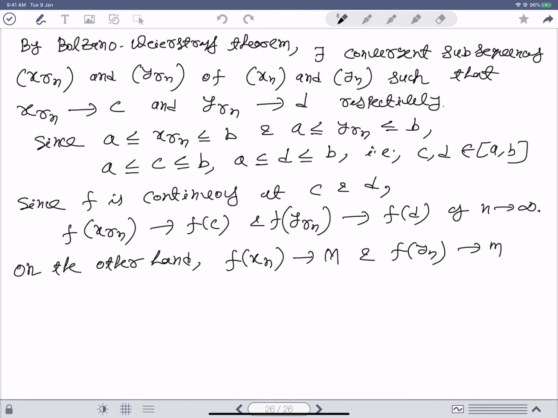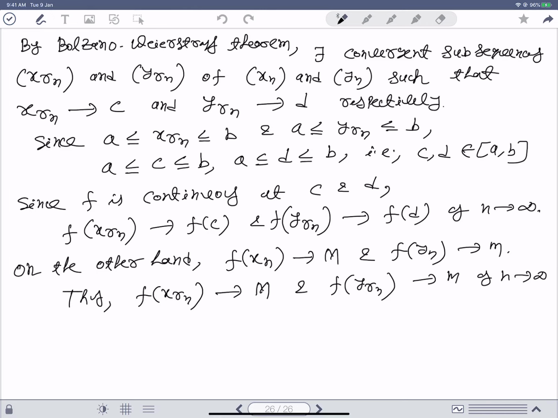So therefore f of xrn also converges to M, being a subsequence of f of xn, and f of yrn also converges to m, being a subsequence of f of yn, right? Now since the limit of a sequence is unique, therefore f of c equals M and f of d equals small m. So thus we are done.